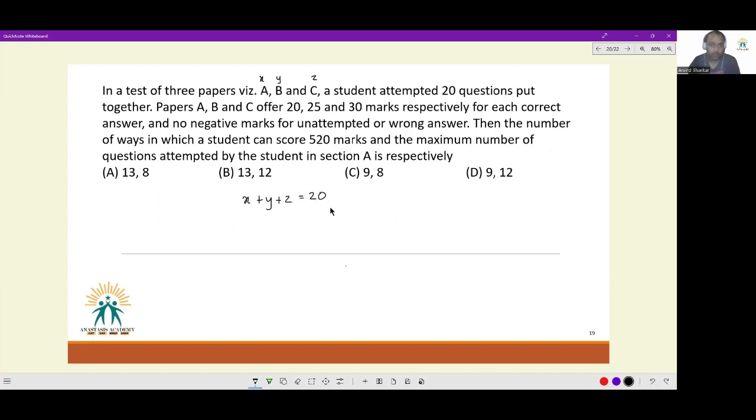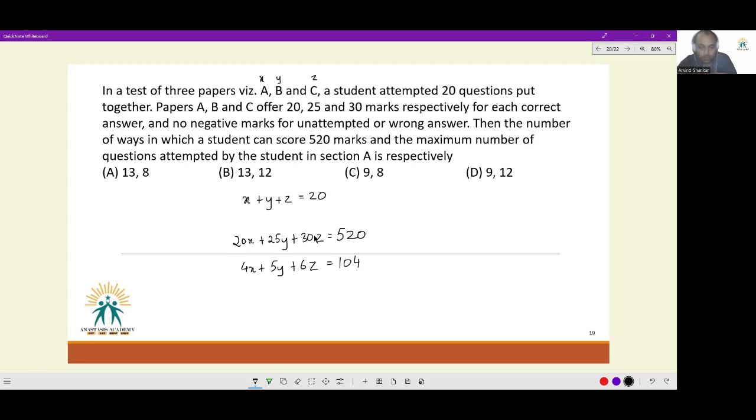The kid has attempted 20 questions in all. Additionally, the marks obtained is 20x plus 25y plus 30z is equal to 520. I can get rid of 5's everywhere. This gives me 4x plus 5y plus 6z is equal to 104.